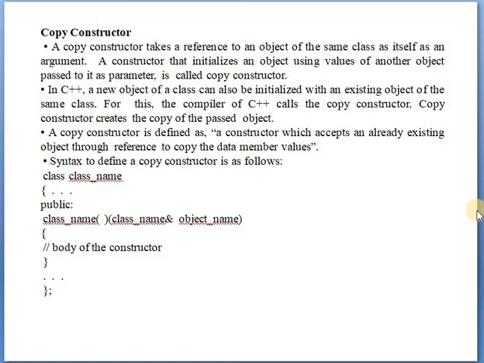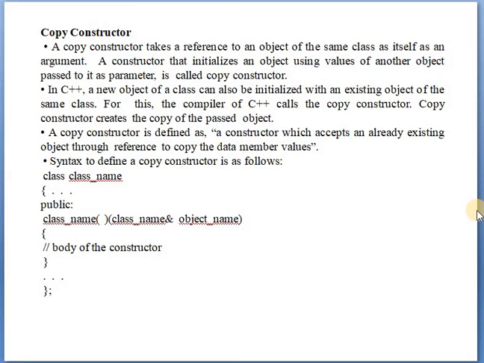See here, a constructor that initializes an object using values of another object. Means after creating an object, we can initialize the values of the object, and by taking that object, it will initialize another object. Then it is known as the copy constructor.